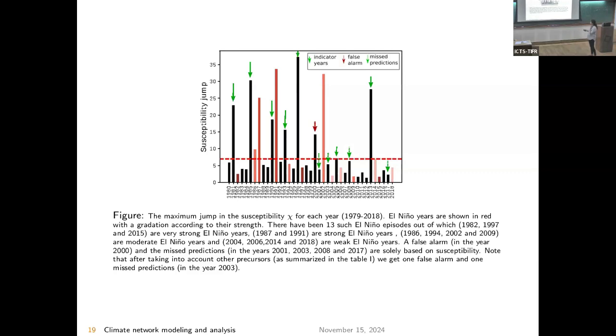The gradation is according to strength: a darker shade of red means the episode is very strong, and the lighter ones are weak episodes. The black lines are all the lines which cross the threshold. So these are the indicator years, which are coming just before.